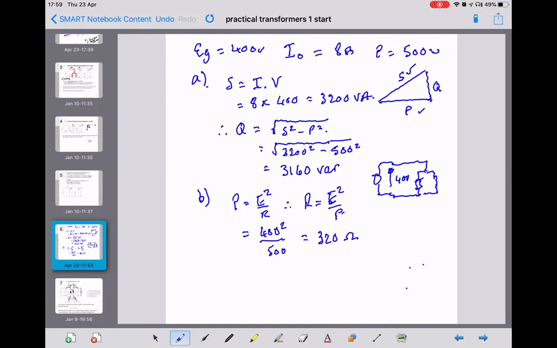And then we can do Q is equal to E squared over X_M. Therefore, X_M is equal to E squared over Q, which is 400 squared over 3160.